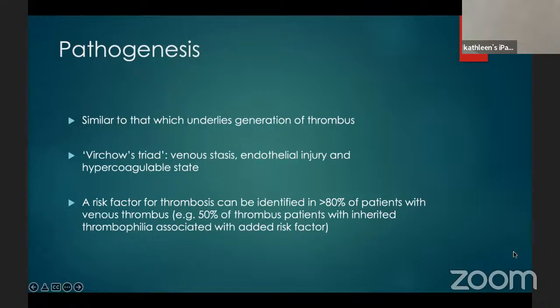And this is actually independent of patients who are prone to hypercoagulability, such that 50% of PE patients with inherited thrombophilia had a PE associated with an actual risk factor. So you need the risk factor. You may have an underlying predisposition, but the risk factor needs to be present in order for it to occur.